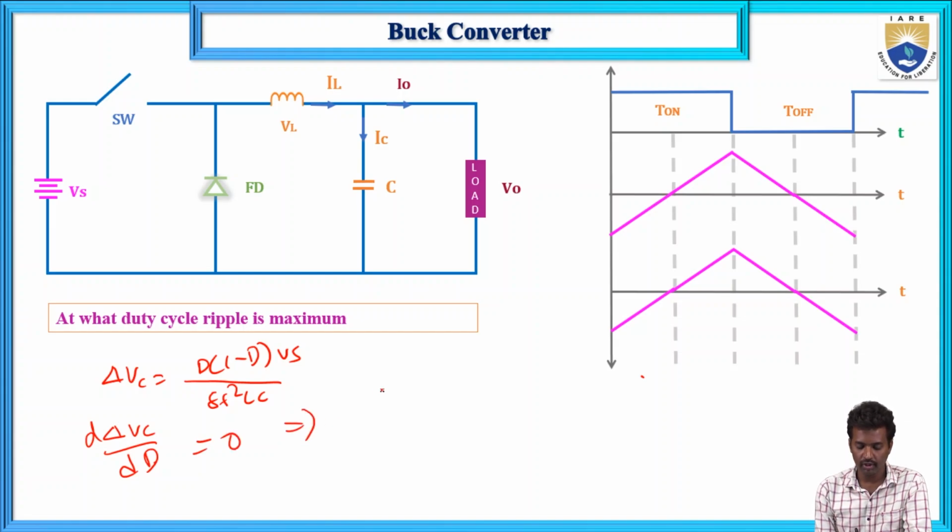If you do this, D into minus 1 plus (1 minus D) into 1 equals 1 minus 2D equals 0, so D equals 1 by 2.